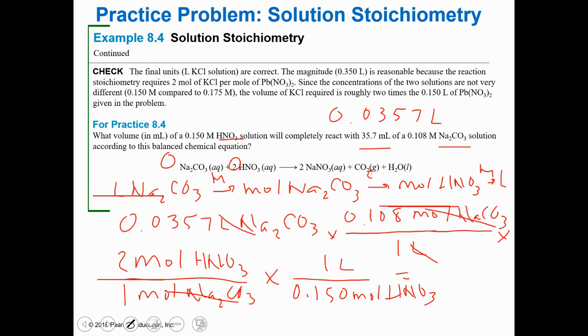So if I do the math, that gives me 0.0357 times 0.108 times 2 divided by 0.150. So that gives me 0.0514 liters of nitric acid, or 51.4 milliliters. Okay.